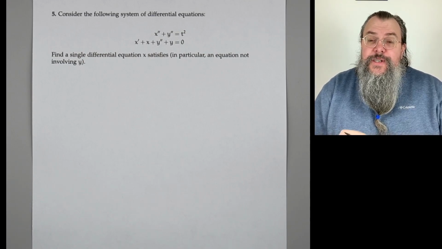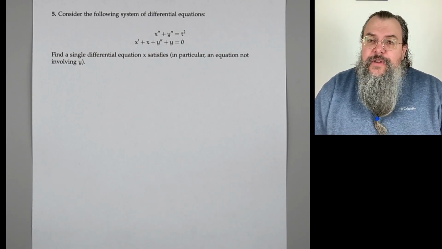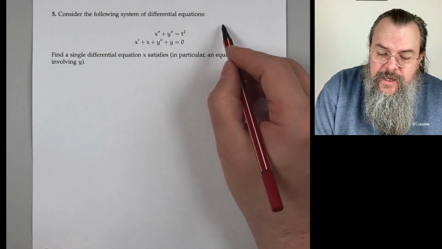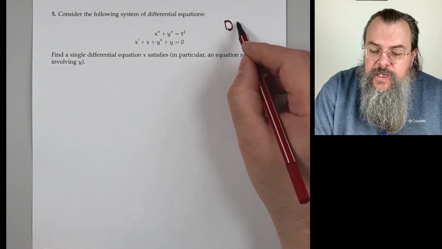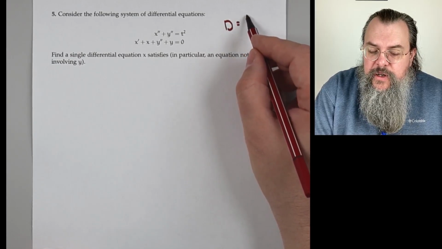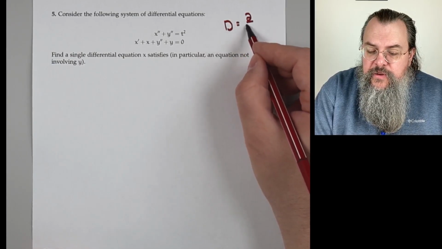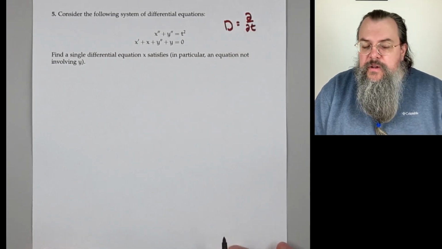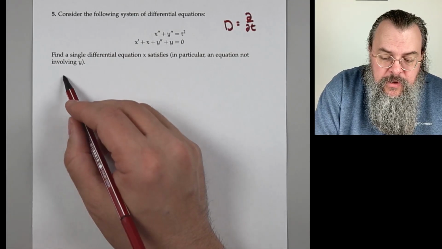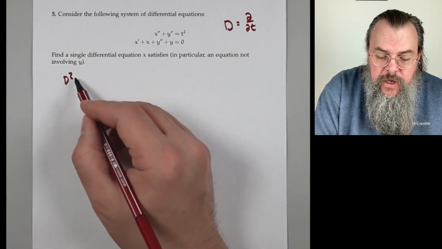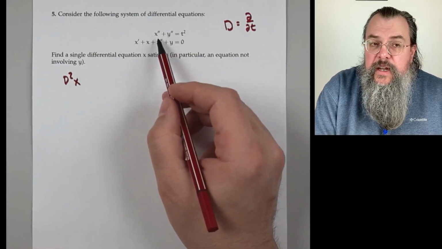So let's just do it with, as I said, our variation of Cramer's rule, and of course, our use of D. Now here, D really stands for the derivative, so derivative with respect to t. All right, so what do we have? We'll have D squared x, because it says second derivative.